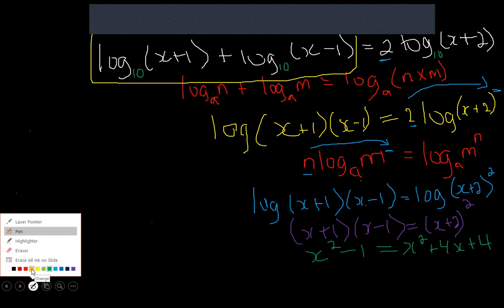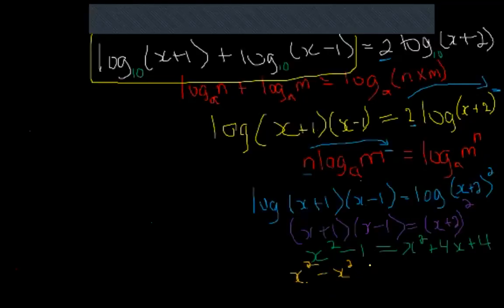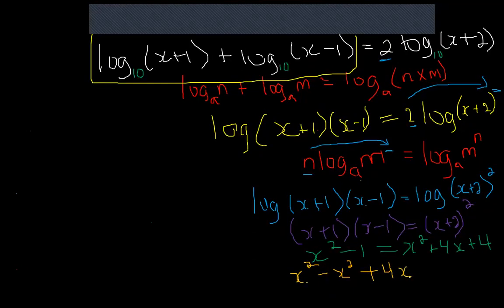Why are you putting it equal to 0? Because you know that's the quadratic form. So when you're rearranging this to make it equal to 0, you'd say x squared minus x squared plus 4x minus 1 minus 4 is equal to 0.